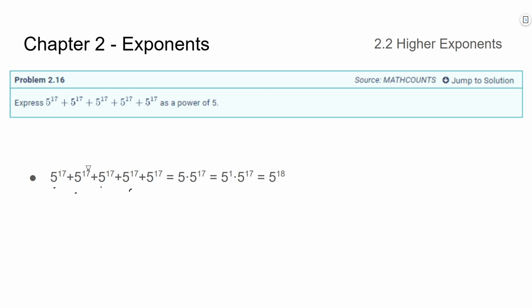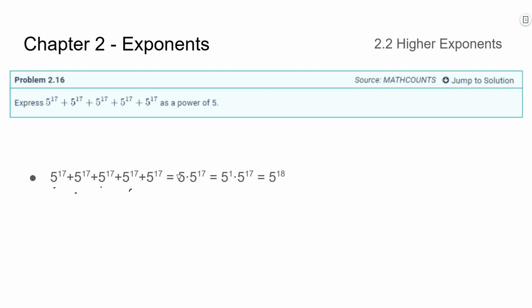How many of these do we have? We have 5 of them. So we have 5 times 5 to the 17th. Remember, 5 to the 17th is 5 times 5 times 5 times 5, 17 times. So now we just have another 5 that we're multiplying in with that. So now we have 18 5s multiplied in.